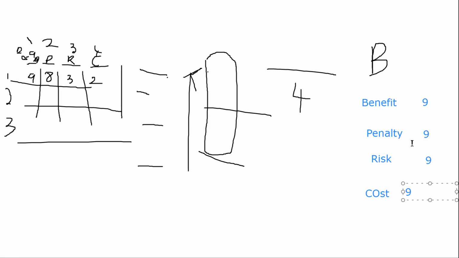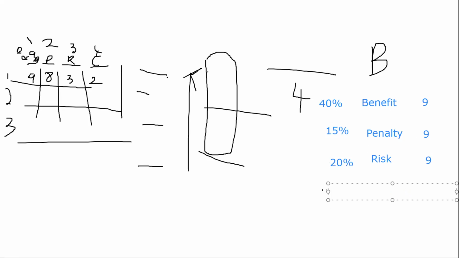You give numbers to each of them, and on the left, you also have scales. What I mean by scale is, let's say in 100%, for me, benefit is more important, like 40% is benefit. Whereas penalty, I don't really worry about penalties, so 15%. Risk plays an important role, so 20%.